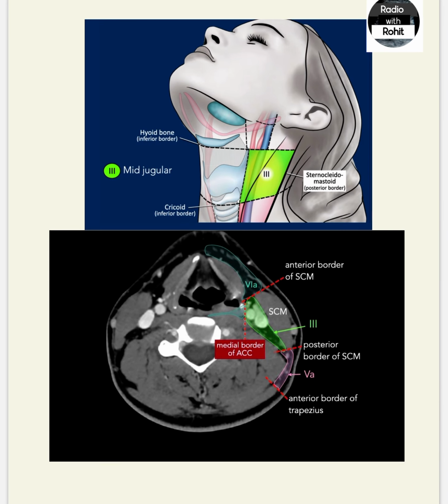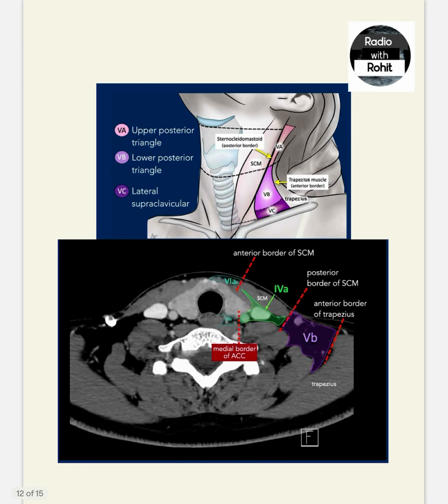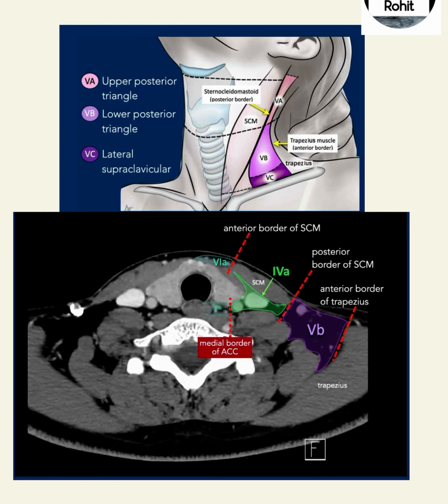Here also we can see the sternocleidomastoid muscle, and this is level 6A, or we can also say the anterior cervical level. This is level 5A, posterior cervical level. This is the sternocleidomastoid and this is level 3. Further, here we can see our trapezius muscle posteriorly.